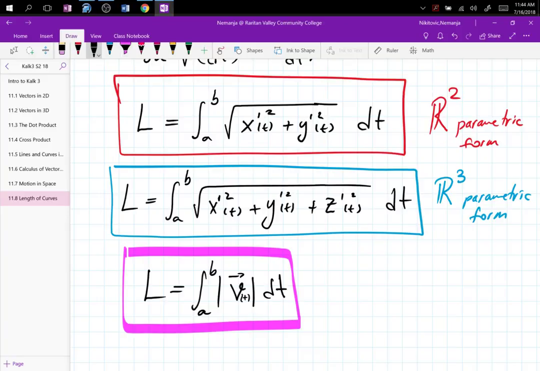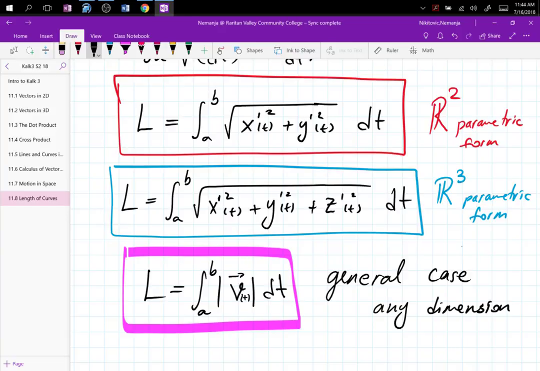So this is the general case, i.e. any dimension, 2D, 3D, whatever.